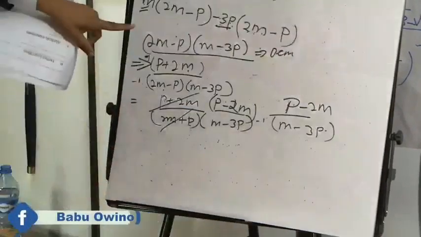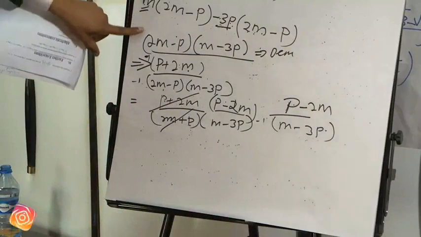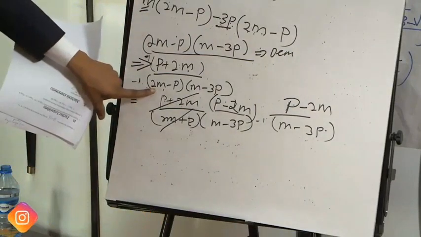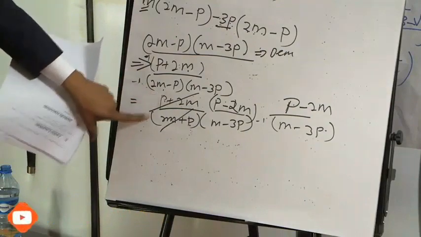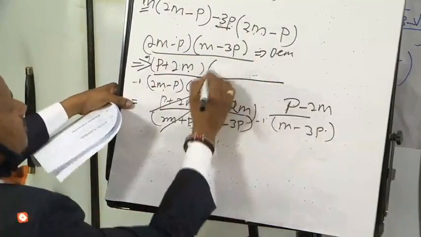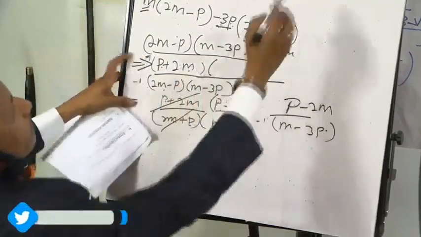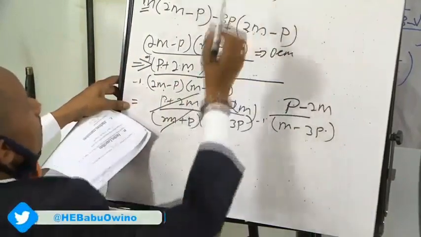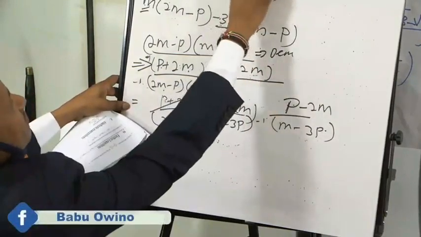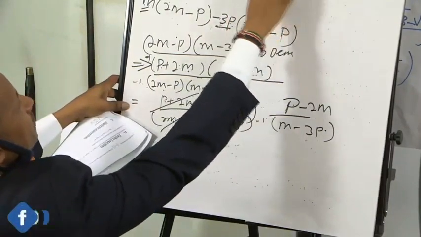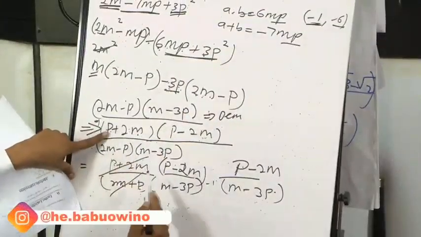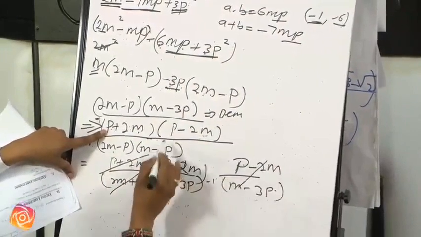Let me take you back a little bit because I've introduced a negative here. From here, p plus 2m, then p minus 2m, which is this part of the value. I only took one part, sorry for that. So we take both of them.